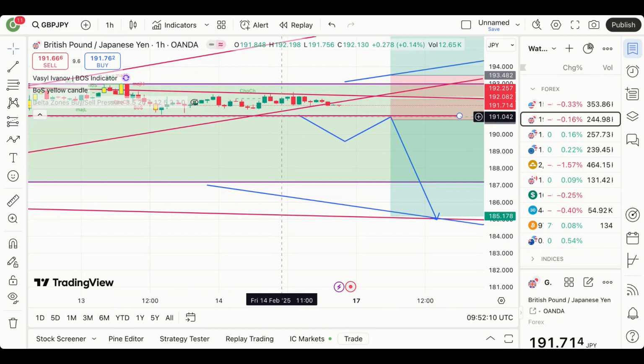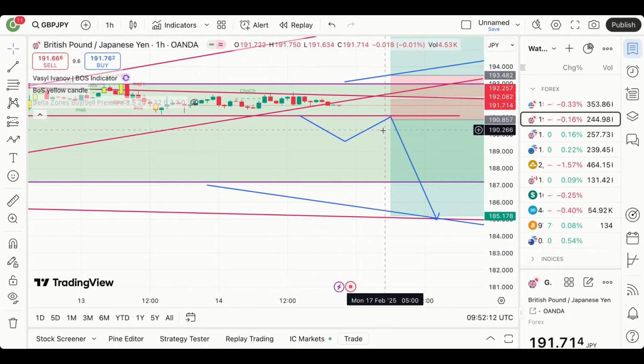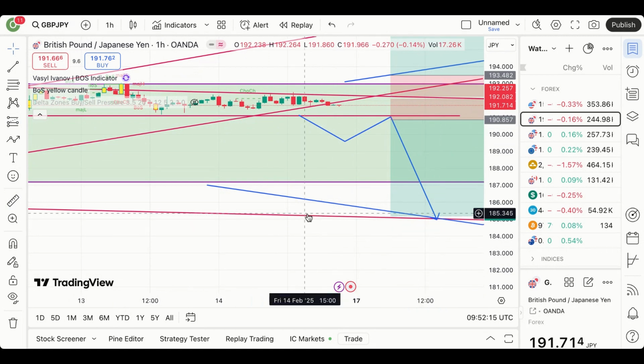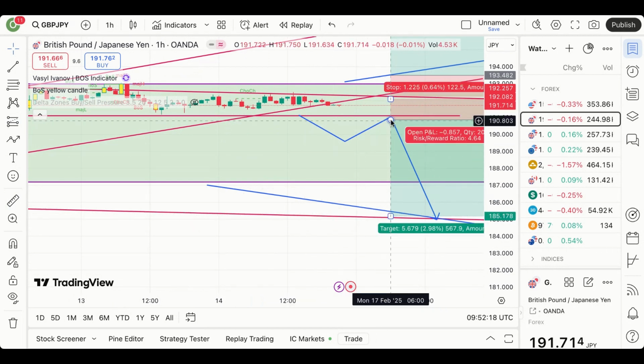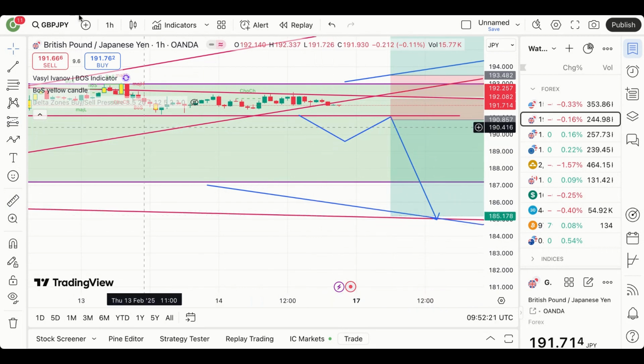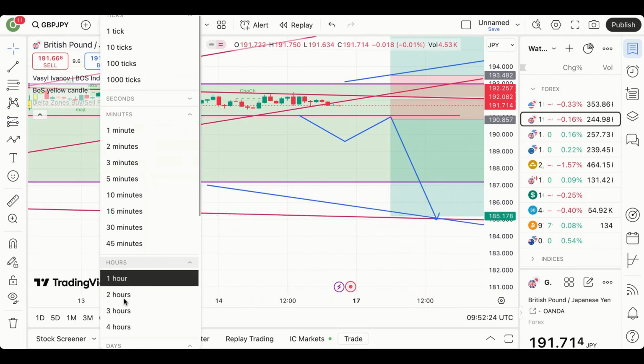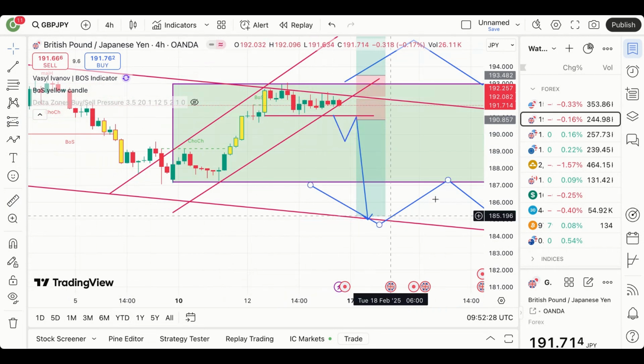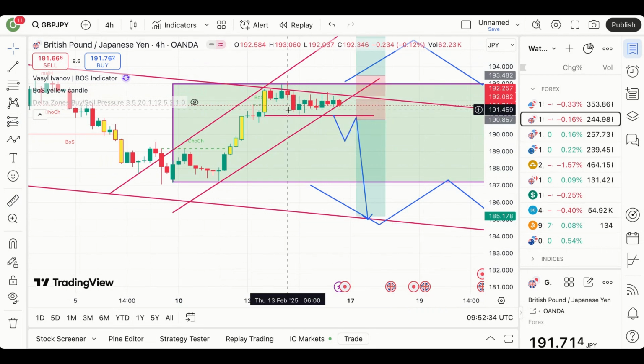Once it breaks this trend line, there's guarantee that it's going downwards, and we'll be able to take our trade. We look for a signal entry, then we'll take our trade and go downside. I can see it shows very well on the 4 hours market. So, that is that.